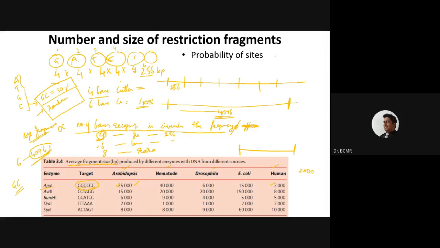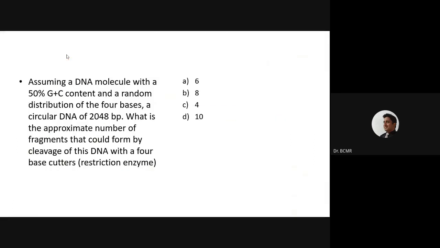Not like all the G's in one place. If in a whole genome, all GC are here and AT are here, then it doesn't work out that way. The ones that we are discussing in the beginning are just the theoretical ones. But for solving problems, always assume, unless mentioned otherwise, 50% GC content.